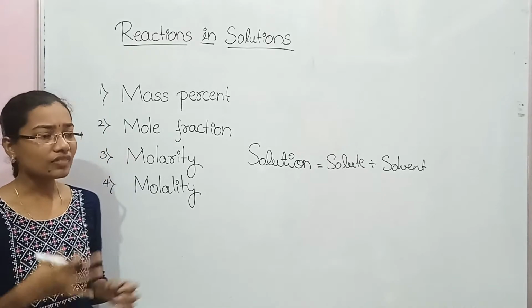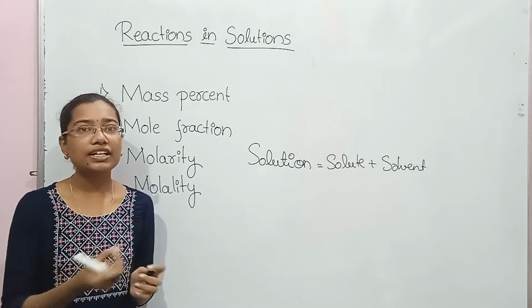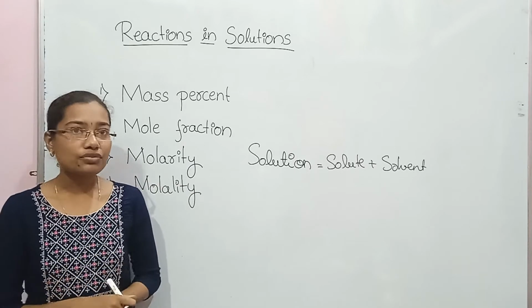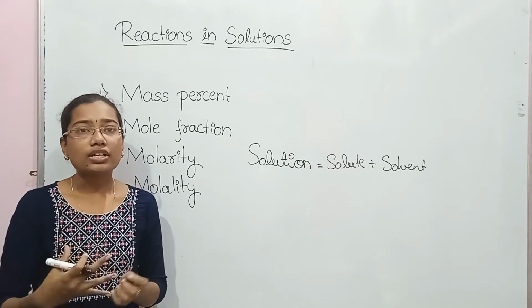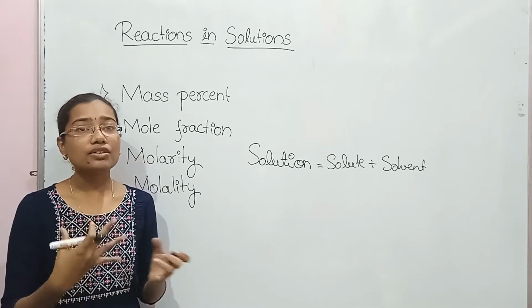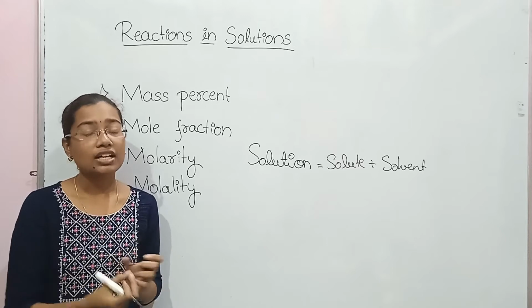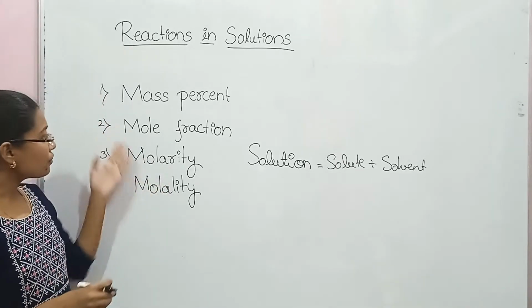Right. Now we got to know that reactions should be carried out in their solution forms. But what is the amount of solute, or what is the amount of the component present in that solution? Means, what is the concentration of that solution? These concentrations can be expressed in these four ways.